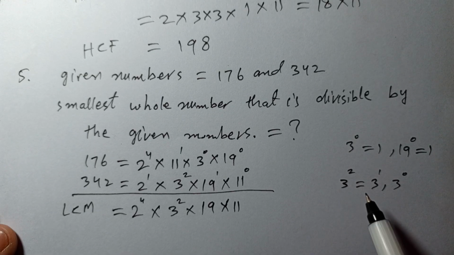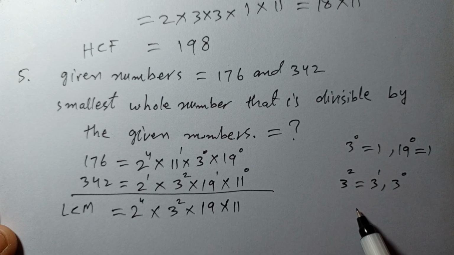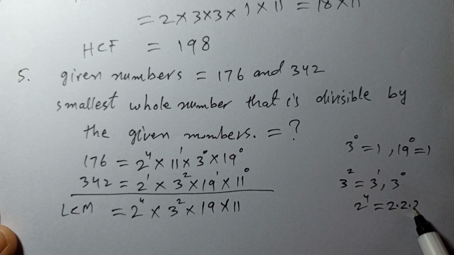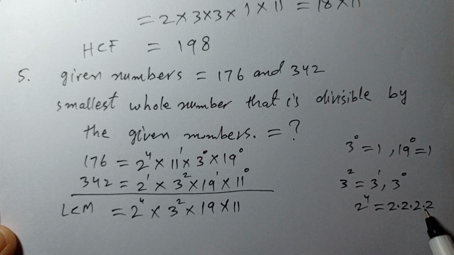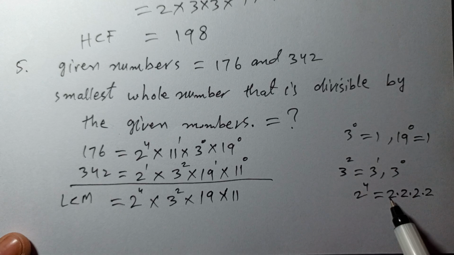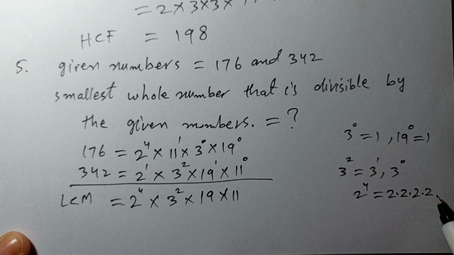Now dear student, you know that 2 raised to power 4 is equal to 2 multiplied by 2 multiplied by 2 multiplied by 2, 4 times 2, and you will multiply these. 2 2s are 4, 4 2s are 8, 8 2s are 16. It means that here is 16.